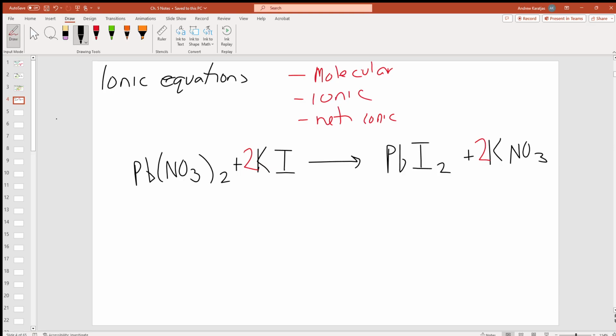So we're going to start with what's known as the molecular equation. The molecular equation looks very much like what we just drew above, except it's going to show where each of the materials are.